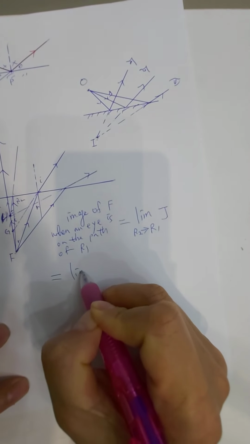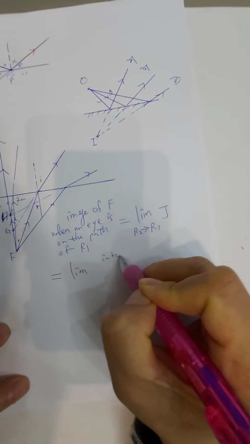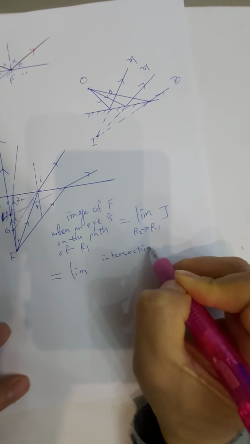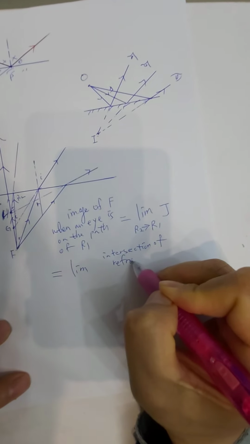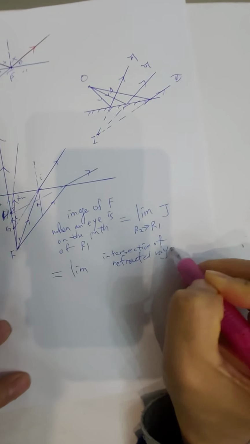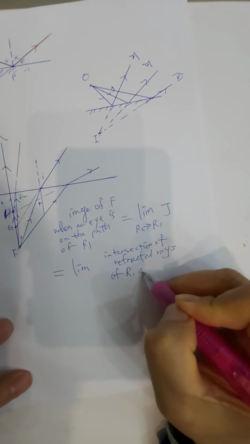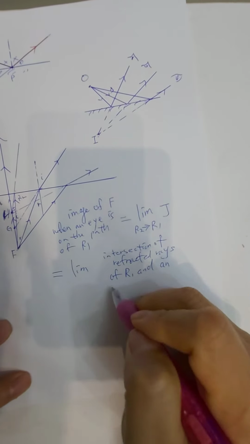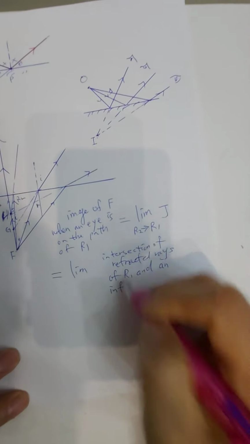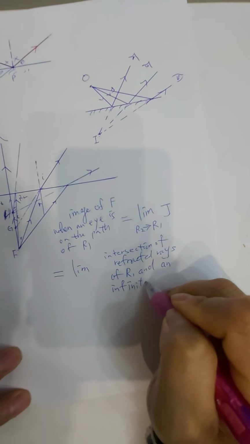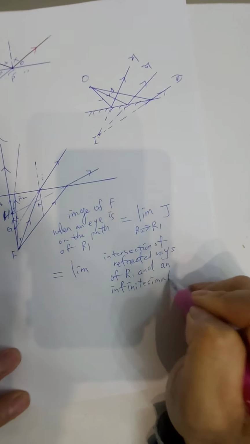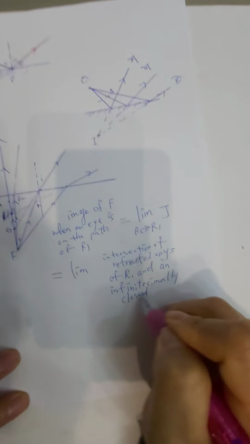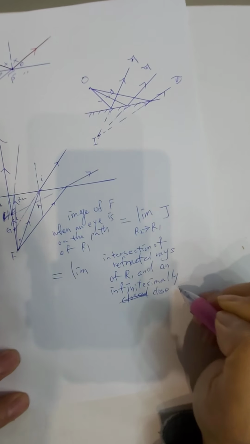So the image position is defined as the limit of the intersection of refracted rays of R1 and a very close ray, we call it, well, this term comes from calculus, infinitesimally close ray R2.